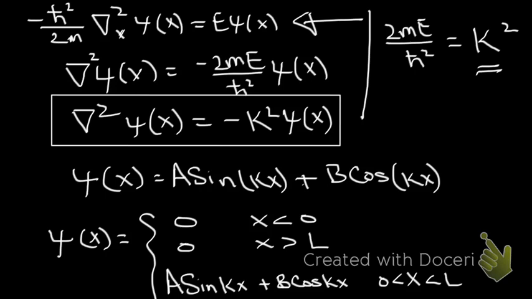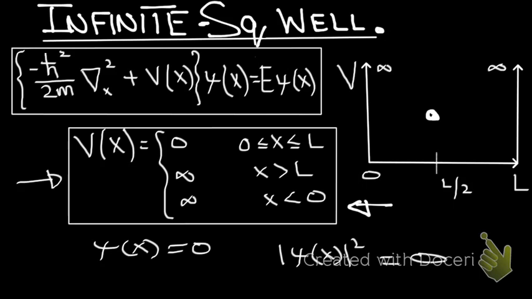over here, we have two constants, a and b, and so we will use our boundary conditions. If you look at your graph over here, your psi of x and your derivative of psi of x must be continuous.